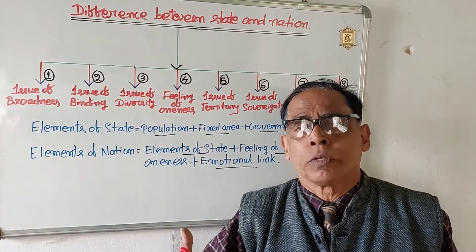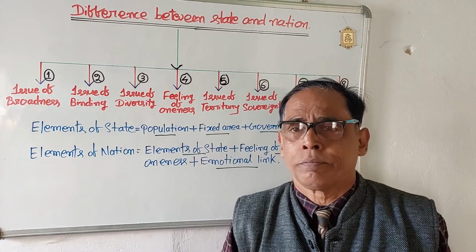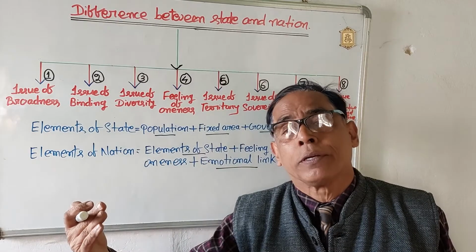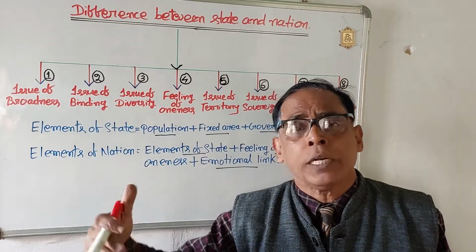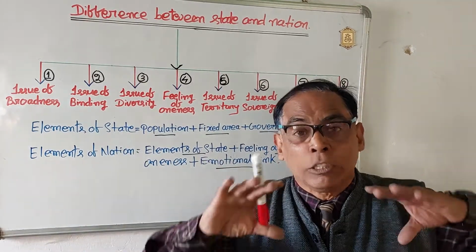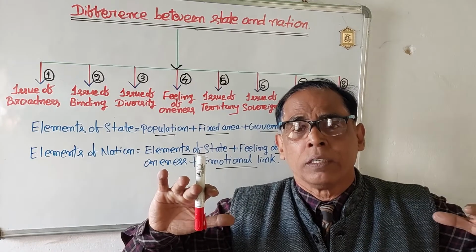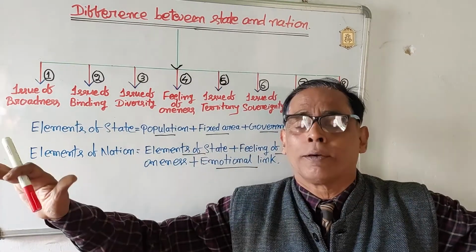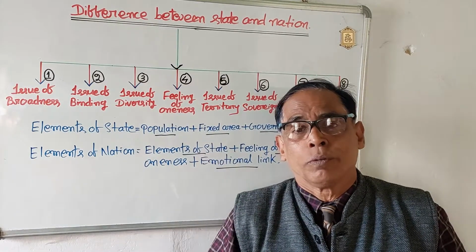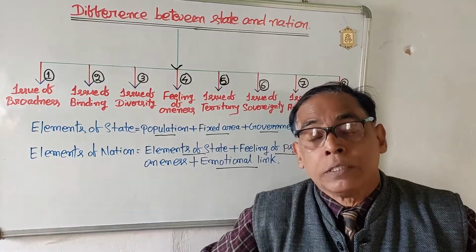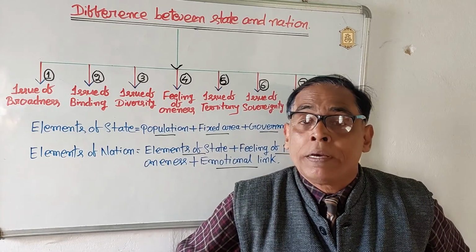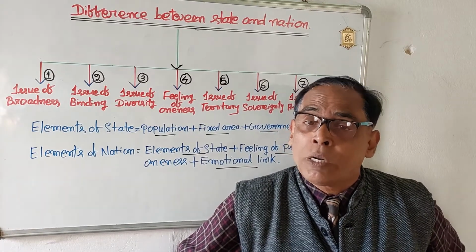For example, prior to 1948, Jews had no permanent territory, but they constituted a nation because Jews were inhabiting or were living in different parts of the world. So, prior to 1948, Israel or Jews had no permanent territory of their own.